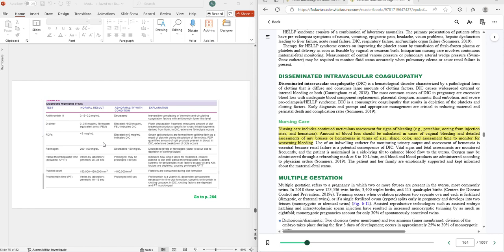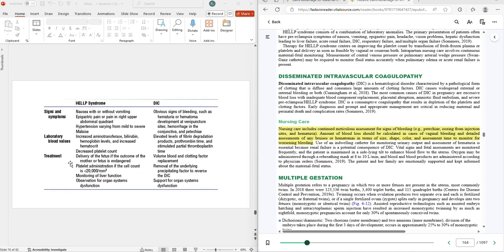And it'll cover DIC, so when we get to chapter 8, you'll see this again, but I just wanted to refer to it now, where you can see that. But these are just, of course, the lab diagnostic tests, okay? And I'm going to give you a copy of this. This is a comparison of HELLP and DIC. It's really good to understand it, so I'll give you a copy of this handout here.